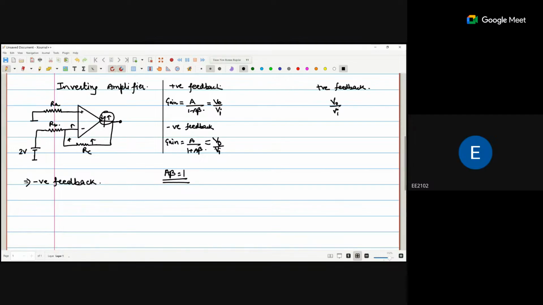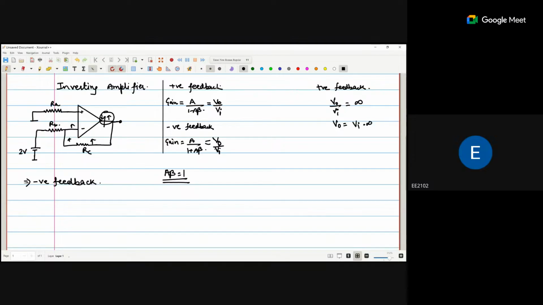V naught upon Vi is equal to infinite, because when A beta is 1, the denominator 1 minus A beta is equal to 0. Denominator part is 0, so gain V naught upon Vi is equal to infinite, or we can say V naught is equal to Vi times infinite.